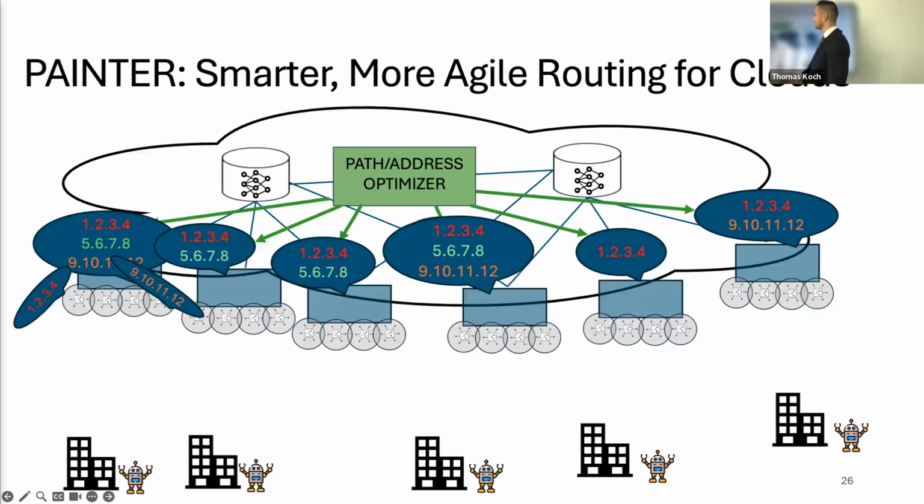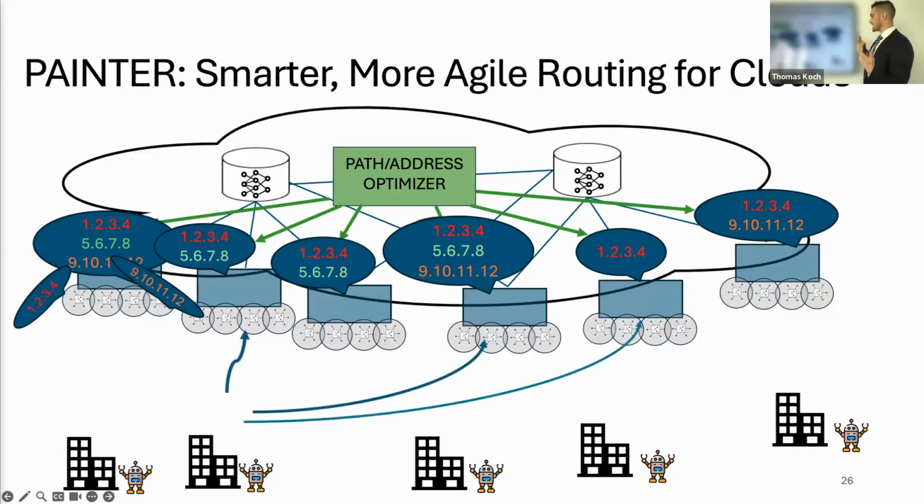You also might have different addresses advertised to different individual networks. This is a really challenging optimization problem because of such a large space, and it's difficult to model what you're optimizing over. But at the end of the day, for example, this enterprise down here will now have a set of available paths that it can take to the network, improving reliability, perhaps performance.